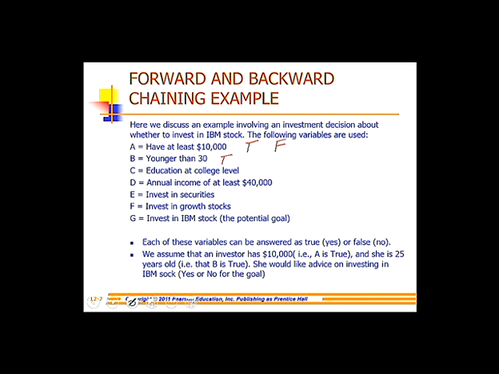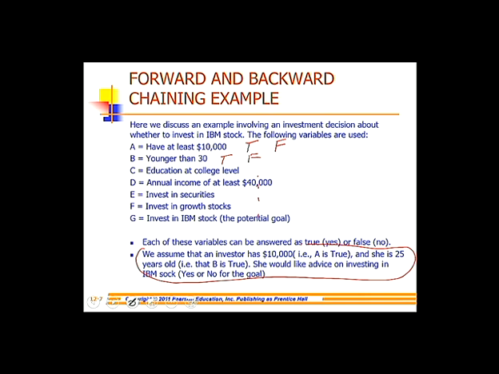But if the age is 40 or 50, then B will be false, and so on and so forth. So every variable can be answered as true or false, yes or no, based on the value of that variable.